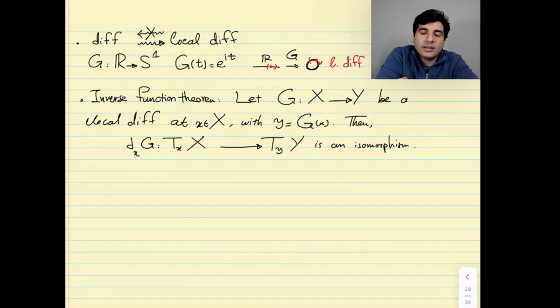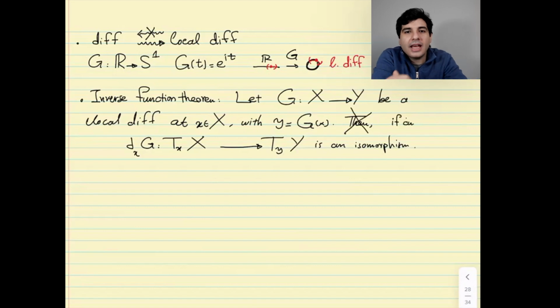The inverse function theorem is essentially the converse of this statement. The other direction is also correct. Suppose you have a smooth map G from X to Y such that its derivative is an isomorphism, then G must be a local diffeomorphism at X. So in fact it's if and only if. Okay, so let's correct this.